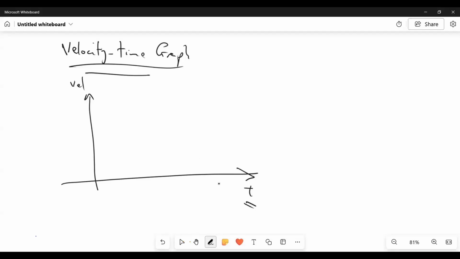Whenever you're plotting graphs, you plot the independent variable on the x-axis, or the horizontal axis, and the dependent variable on the y-axis, or the vertical axis. Good. And again, the velocity time graph can be flat like that.